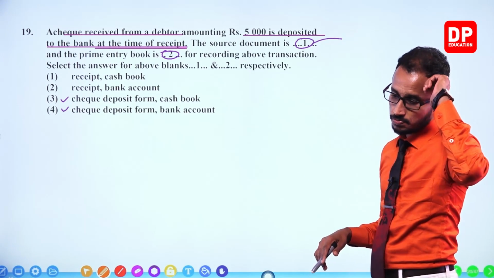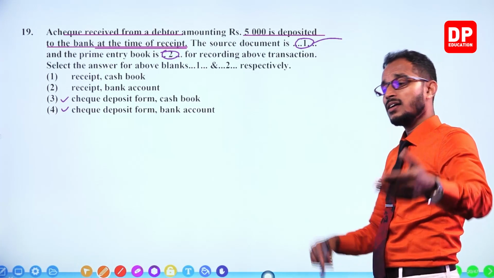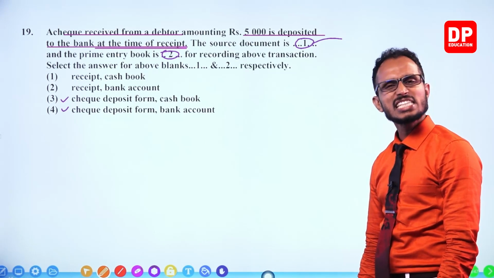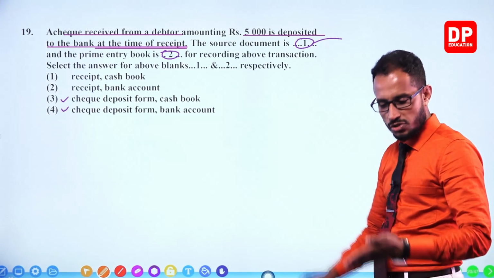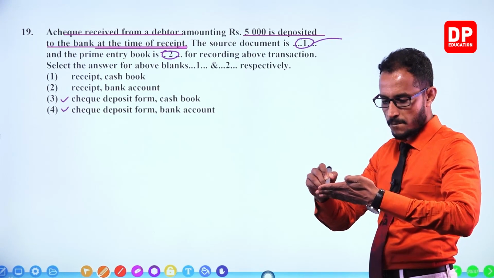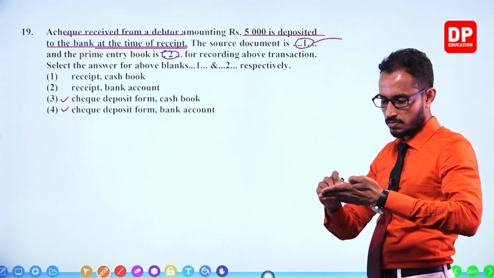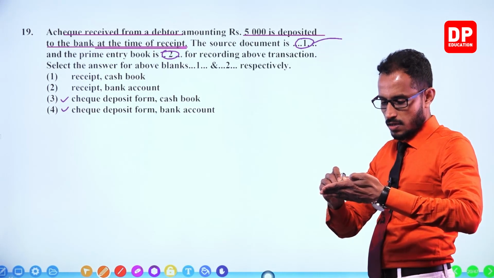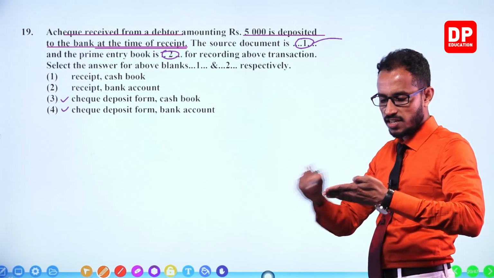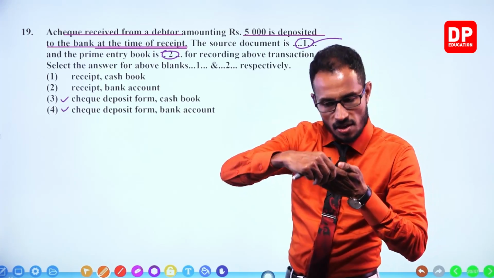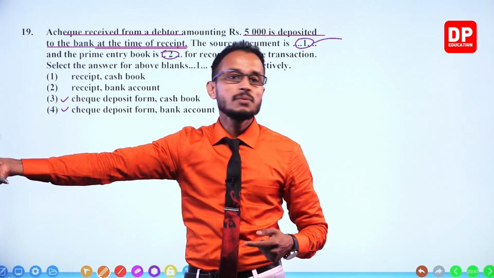You know, when you go to the bank and deposit a check in your account, you should fill a deposit slip, mentioning the check number, the bank code, and the amount on the check. Give the check with the deposit slip.